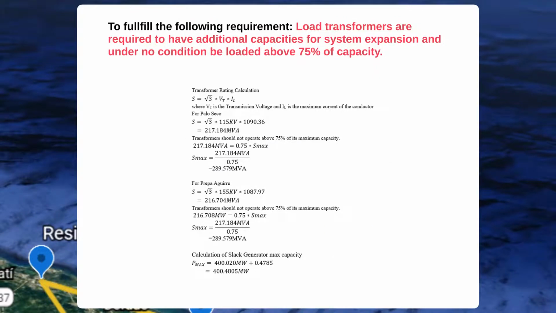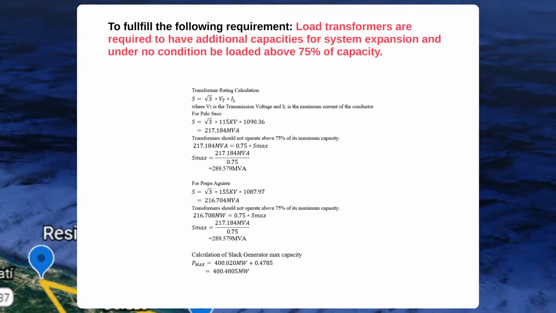So, after doing the initial run of the circuit, we went on to fulfill the following requirements. The load transformers are required to have additional capacities for system expansion and under no condition be loaded above 75% of their capacity.